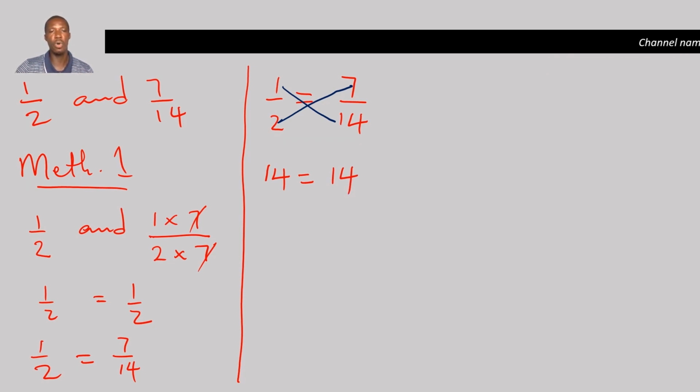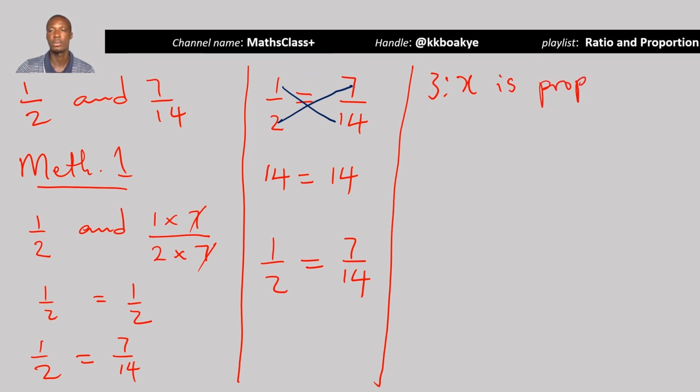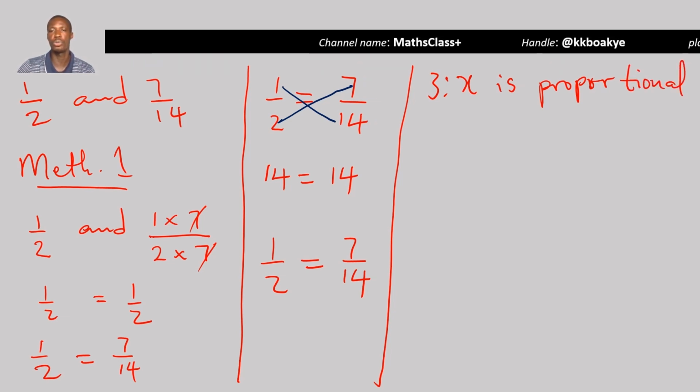Once we get them to be equal, then we know that 1 over 2 is proportional to 7 over 14. So these are the two methods that we want to use. In proportion, you may be given something like 3 is to x is proportional, or they can also use the word equivalent, proportional to 18 is to 36.